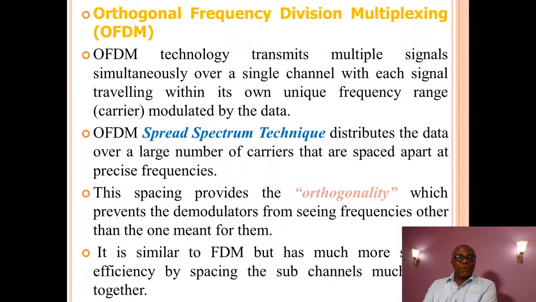So this OFDM can come in the form of a spread spectrum technique. In our future communication lectures, we will talk about this spread spectrum so that you understand it very well. But here we are just mentioning it in passing.